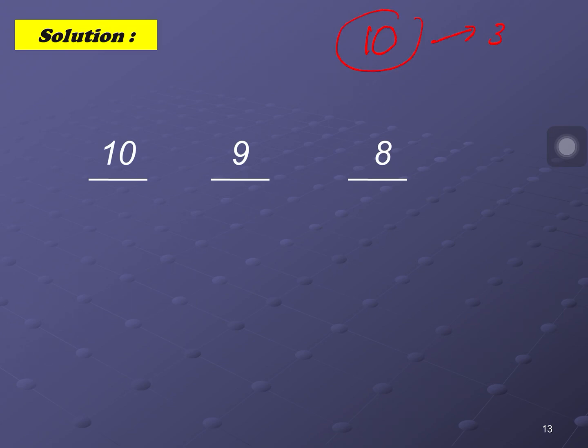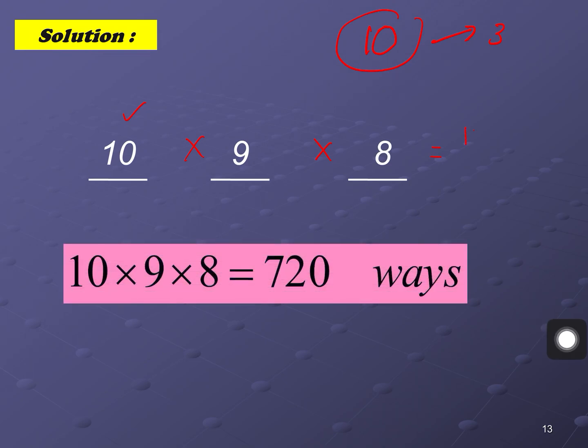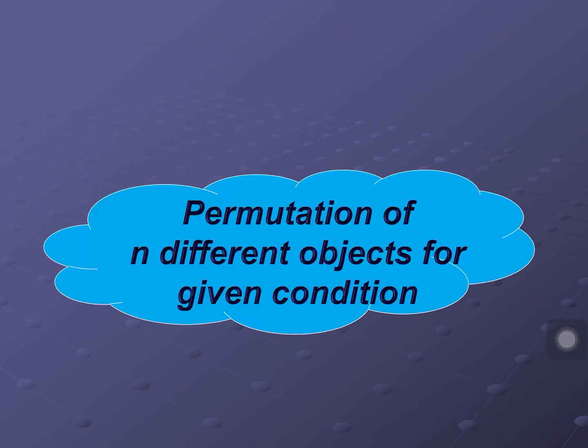From 10, we select 3. So 10 times 9 times 8, which is equal to 10P3. So there are 720 ways of assigning a secretary, vice president, and president. Let's look at the next one.